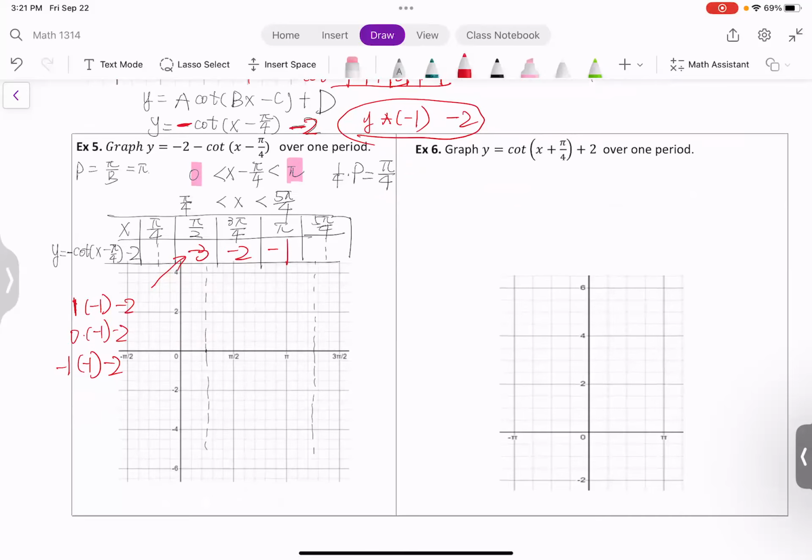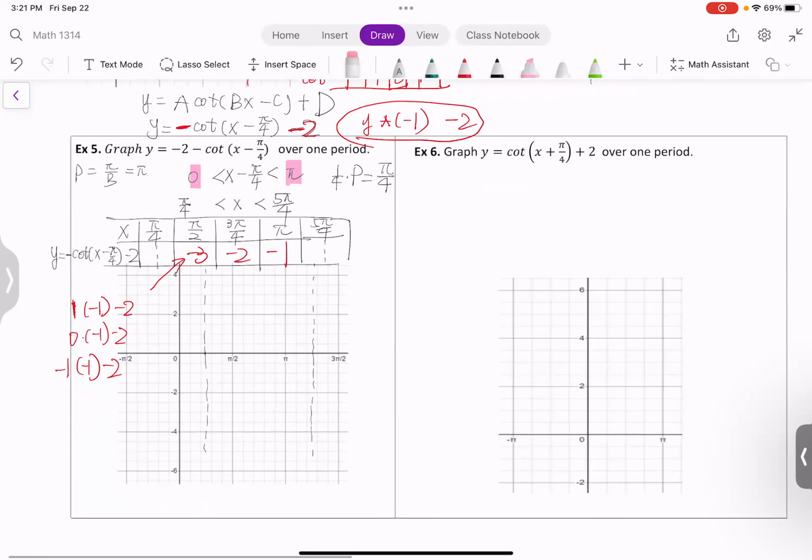Okay, let's plot the point. Okay, -3. And oh, I didn't graph it. So this is the first point. And second point is here, 3 pi over 4 and pi here. So second key point, y's value is -2. Find -2.